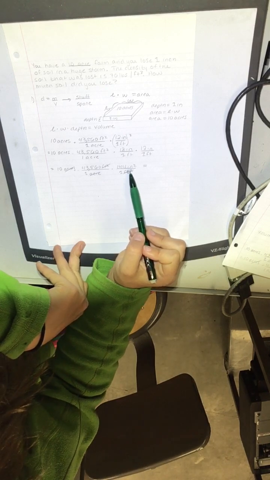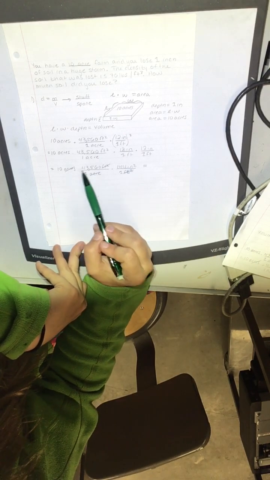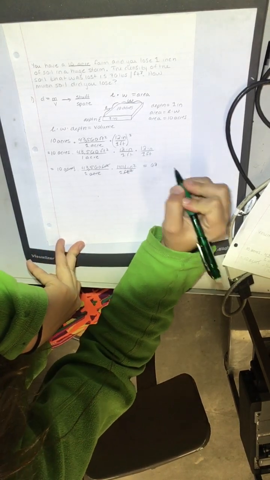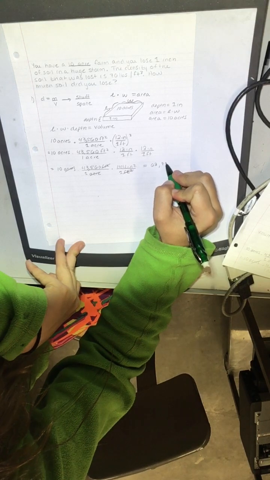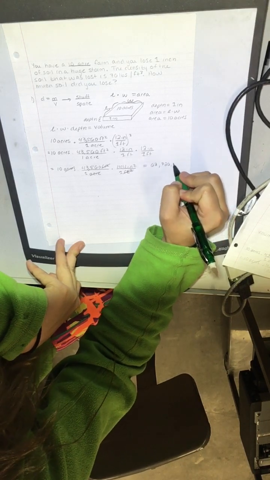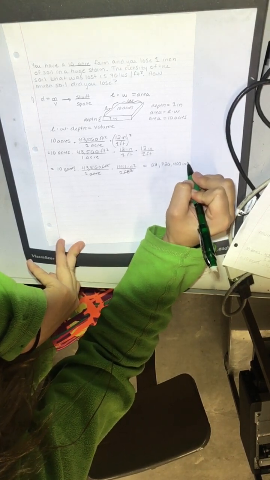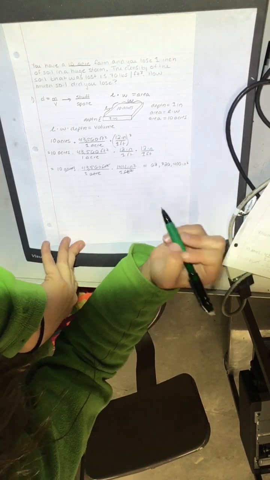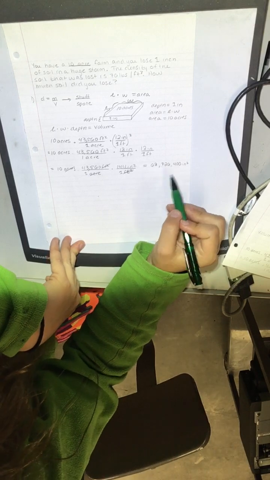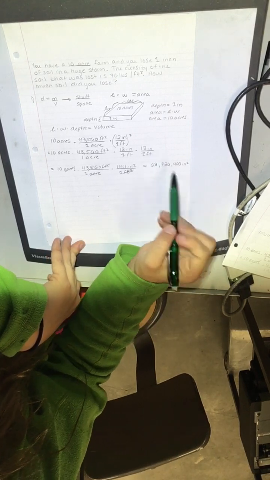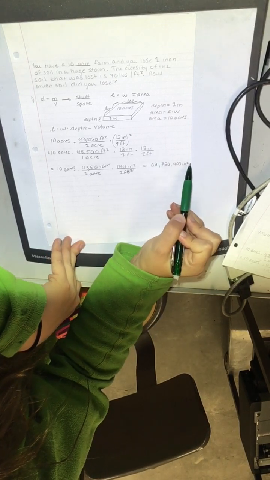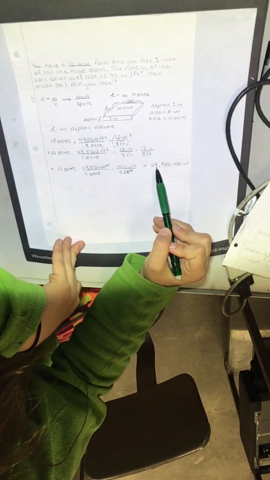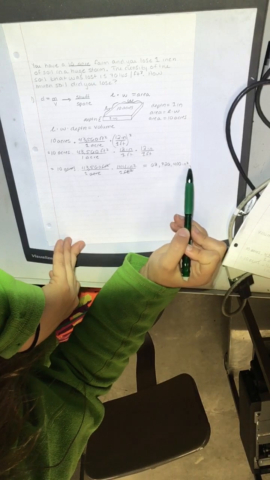And so when we actually multiply all this out, and you can check me in a calculator, we get 62,726,400 inches squared. It's a lot of inches in 10 acres. So just so that we're double checking to make sure we understand what this means, this 10 acres is the same thing as saying 62,726,400 inches squared, right?